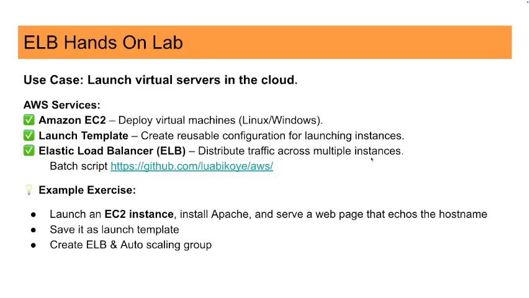So one of the things we'll be doing now is to create a launch template. It's this launch template we use in setting up our autoscaling group. The reason you need a launch template is, by the time a new instance is starting, what configuration should it use?